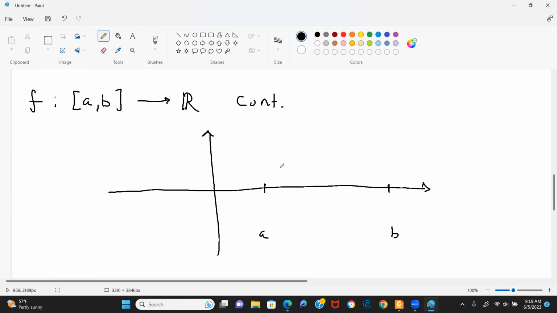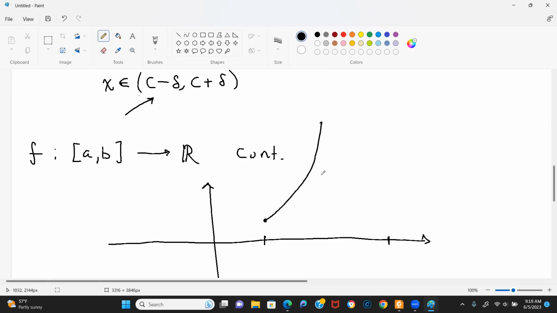I'm going to tell you that it's not possible. So maybe you start here, and then to be unbounded, you would have to go off to infinity at some point. You'd have to keep growing and growing and growing. But you can't just, and let's say f of b is here. None of these values are infinite, right?